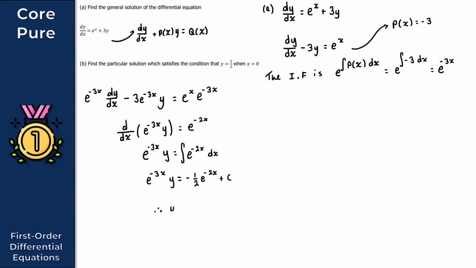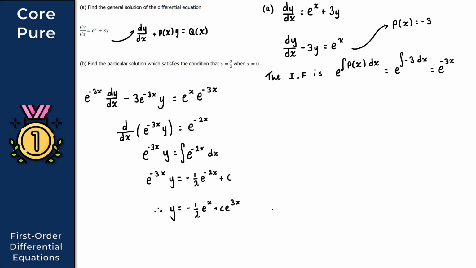So y is equal to, so I get minus a half e to the minus 2x divided by e to the minus 3x. So just simplifying the powers here then, we get minus a half e to the x. And we do also divide the constant of integration here by e to the minus 3x. So dividing by e to the minus 3x here, that is just the same as timesing through by e to the 3x. So what we get here then is plus c times by e to the 3x.